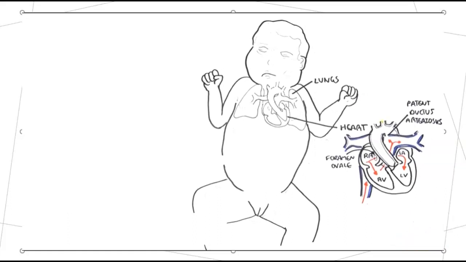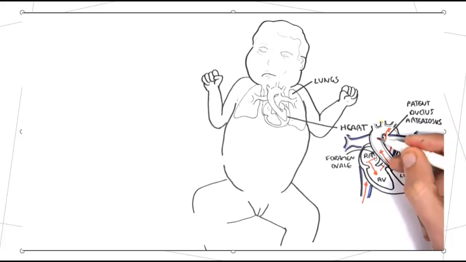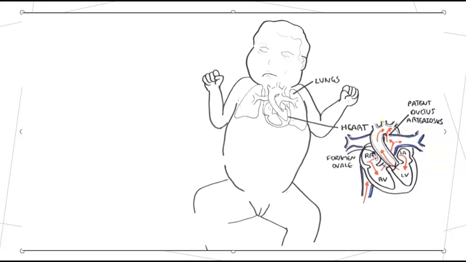And so in the fetal circulation, blood traveling through the pulmonary artery can bypass the lungs and go straight to the aorta and then be transported to the rest of the fetal tissue. The blood can bypass the lungs because there is a lot of pressure in the fetal lungs. And so blood can actually easily go into the aorta.